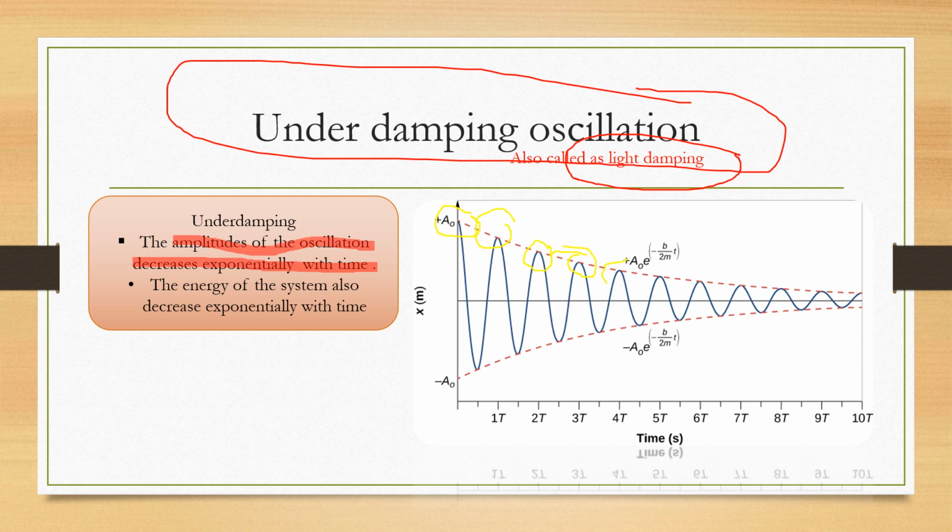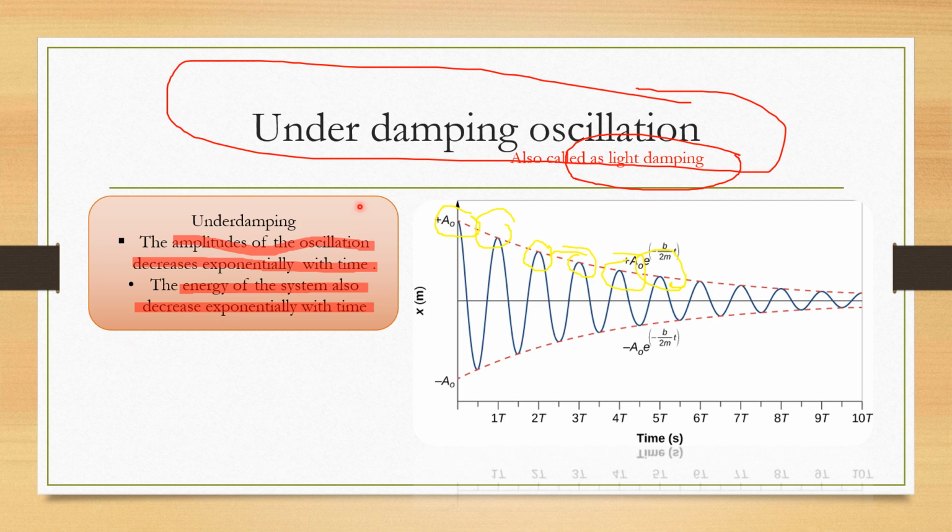Exponentially with time. The second keyword is that the energy of the system also decreases exponentially with time. These are the two keywords for under damping, which you have to memorize.